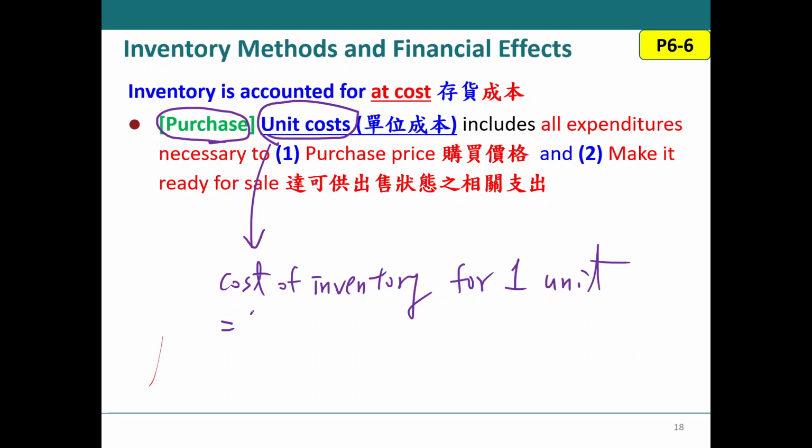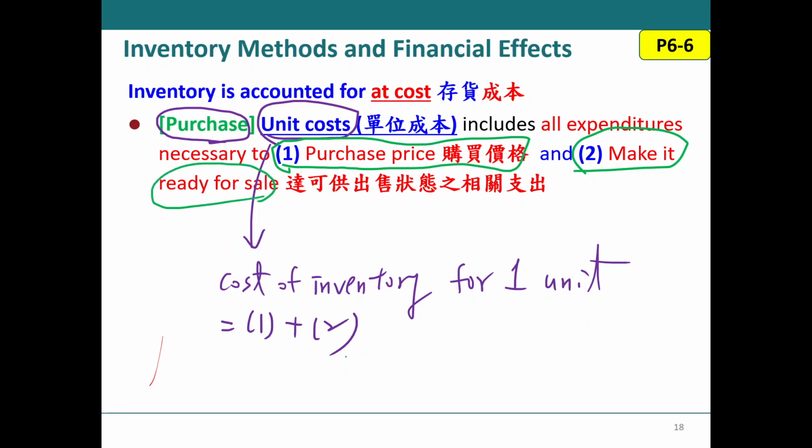So how to determine it? 1 plus 2. 1 is here, purchase price. What's the 2? Make it ready for sales. So including sales tax, including freight cost, right?